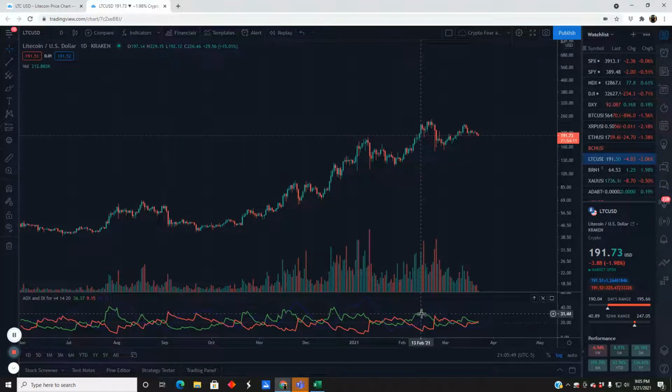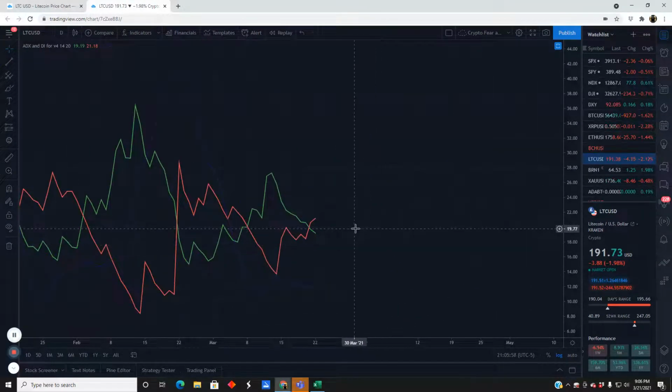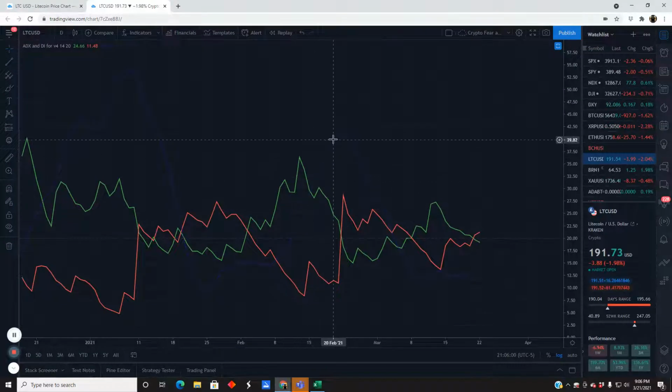And I've got it set to where the green line is the bulls and then the red line is the bears. And then this purple line here is the momentum in the move. So the higher it is, the stronger the momentum in the move. The lower it is, the more likely we are to consolidate. So like right now, we had this cross today that shows, hey, the bears are in charge.